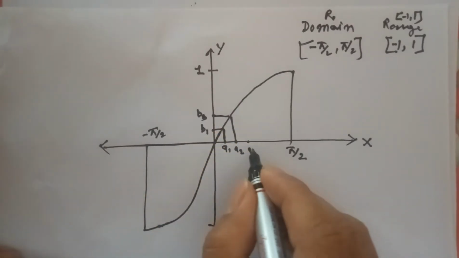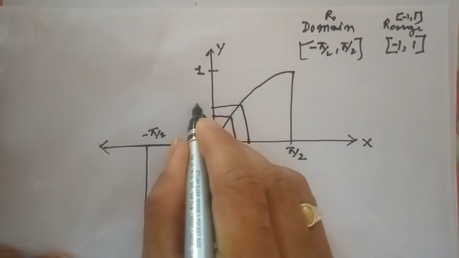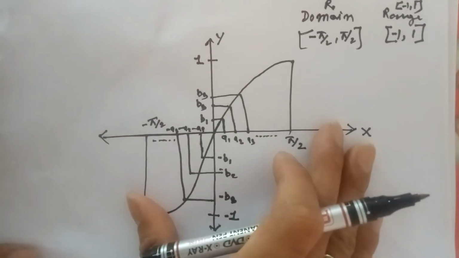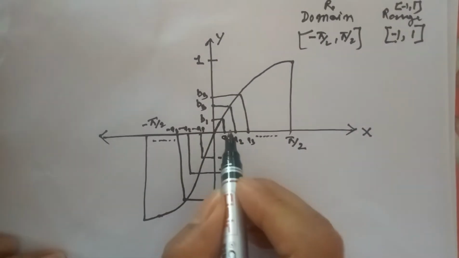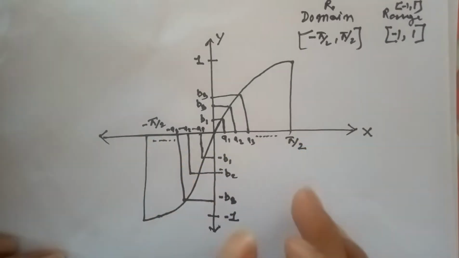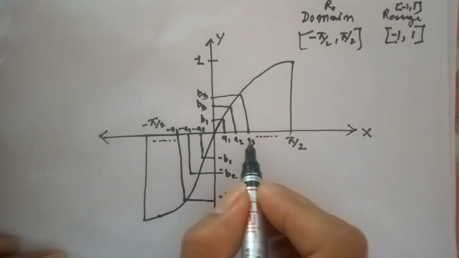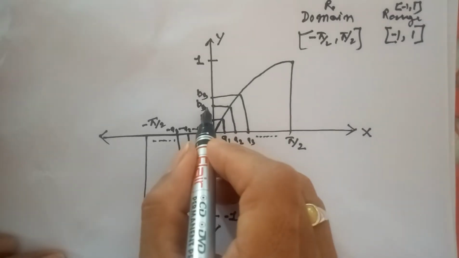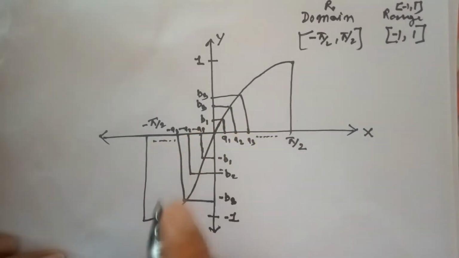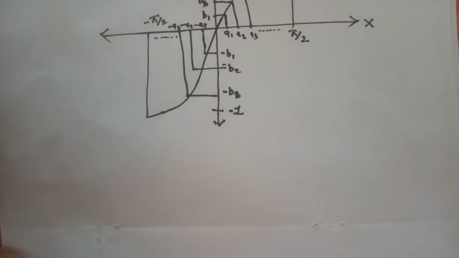So I am taking a1, a value of x between pi by 2 and minus pi by 2, which gives a different value b1; a2 gives b2, a3 gives b3. In the same way I will take the negative values also: minus a1 gives minus b1, and so on.